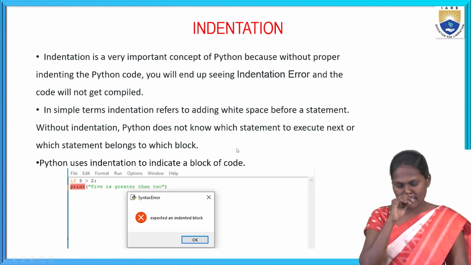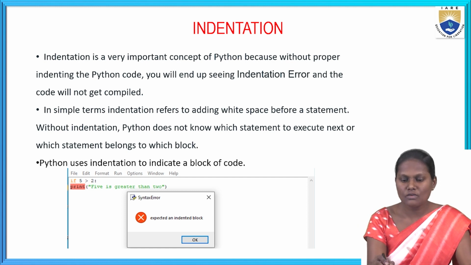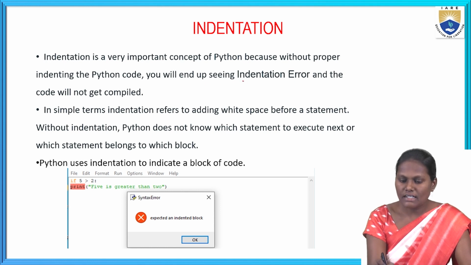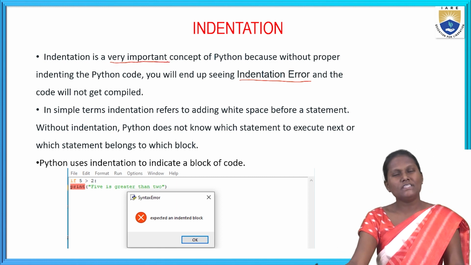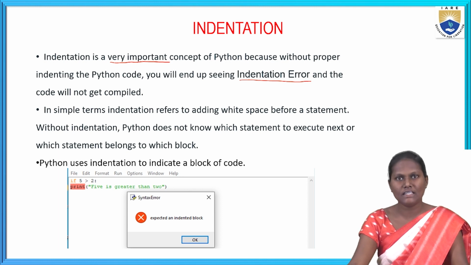Okay, coming to the next, indentation. Indentation is a very important concept of Python, because without proper indentation of Python code, you will end up seeing an indentation error and the code will not get compiled. While comparing with other languages, C, C++ and Java, indentation is not that important.